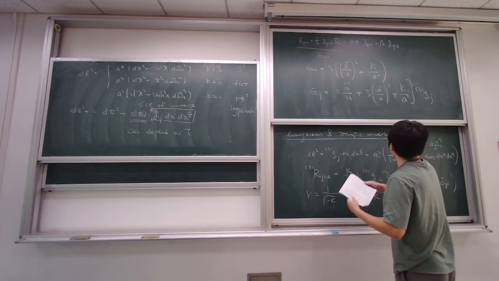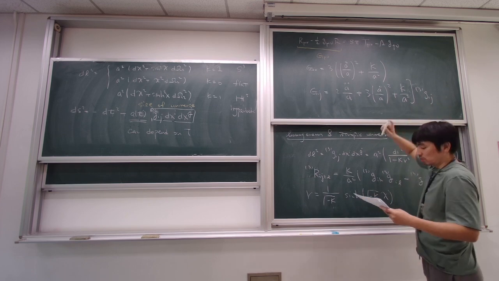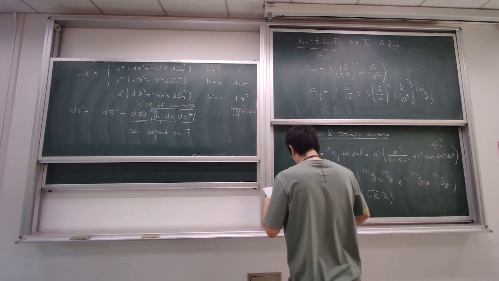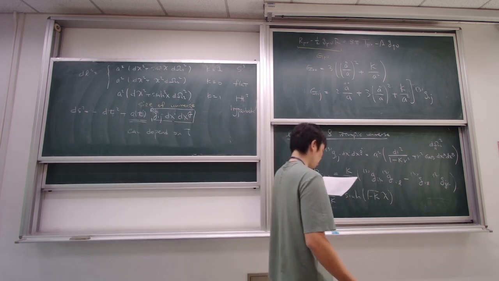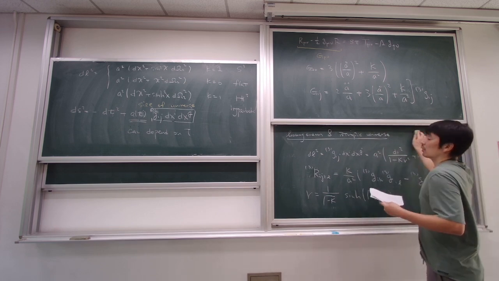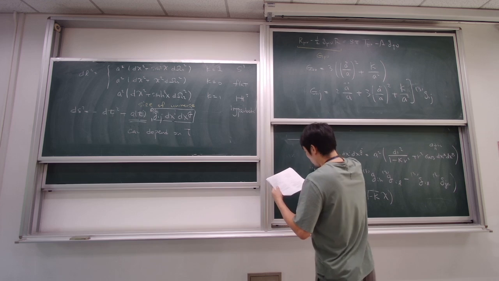So it's proportional to g_ij. This is one of the consequences of the homogeneous case. Then you just equate with the T mu nu.